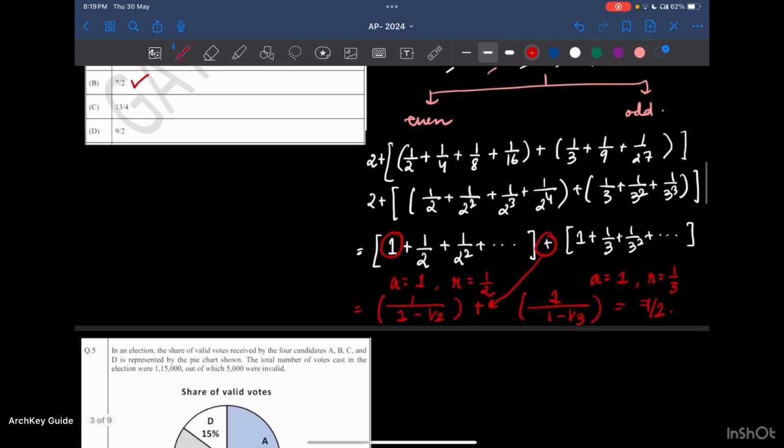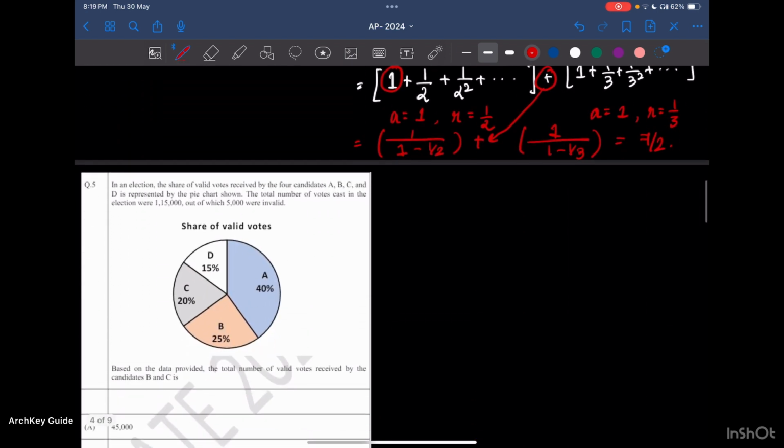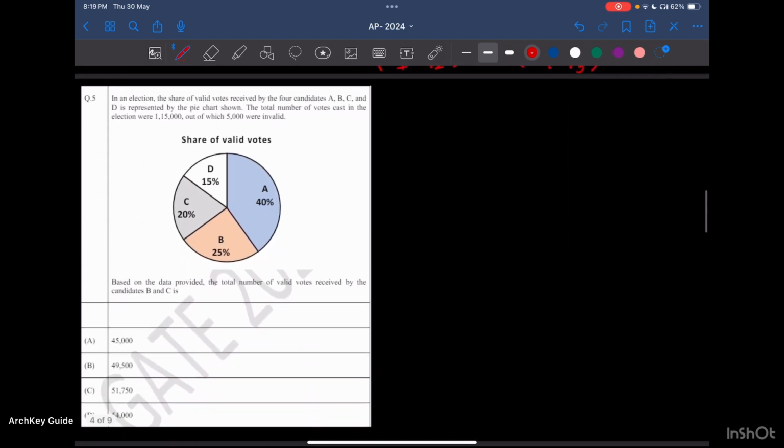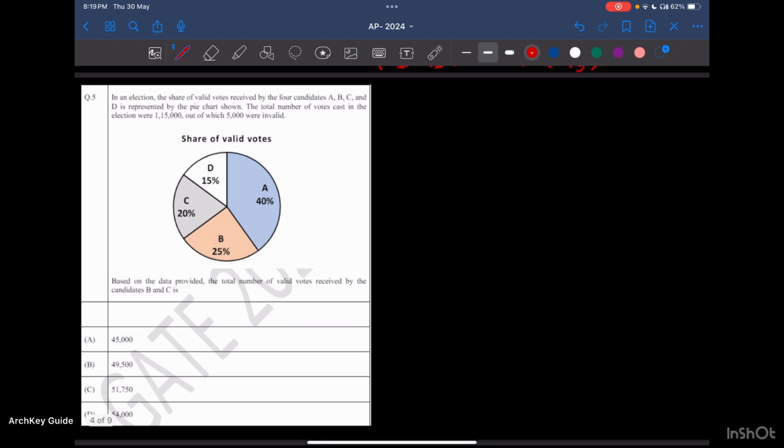Okay, so the next question, question number 5. Let's read the question. So this question states that in an election, the share of valid votes received by four candidates, A, B, C, and D, is represented by a pie chart. The total number of votes casted were this, out of which were invalid.